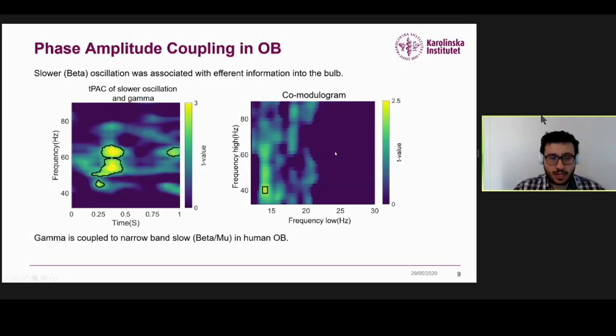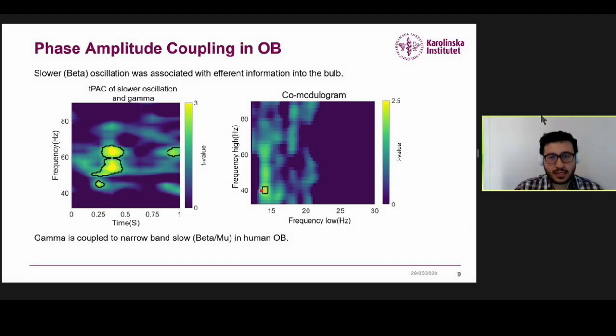Alongside the gamma oscillations, animal literature showed that slower oscillations, for example, beta, also have a major role in olfactory processing in animals. We also assessed this in our data by looking at the time resolved phase amplitude coupling, where we found a strong coupling around 250 to 500 milliseconds after the odor onset.